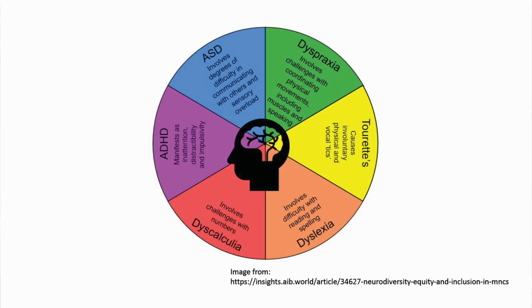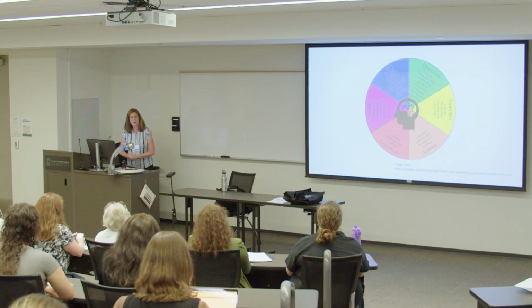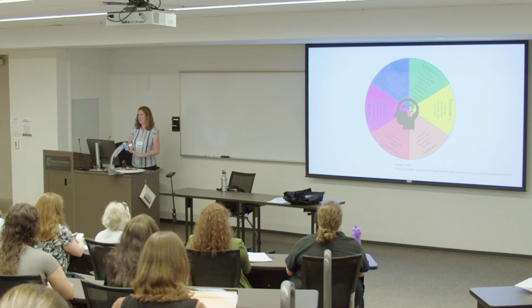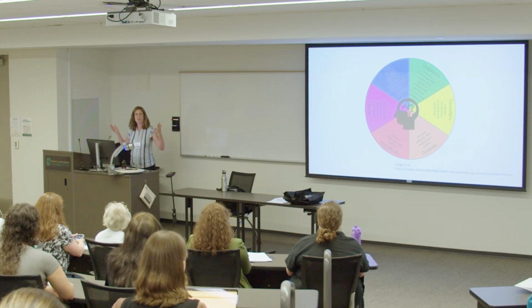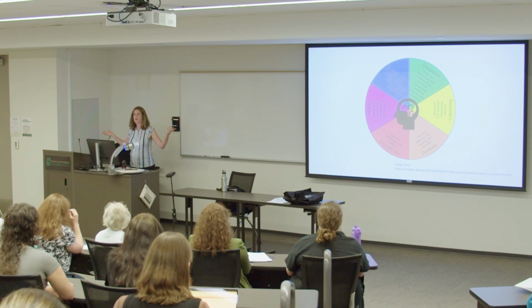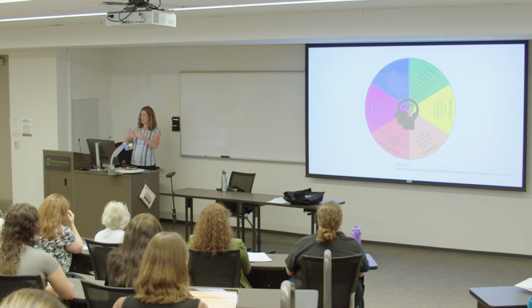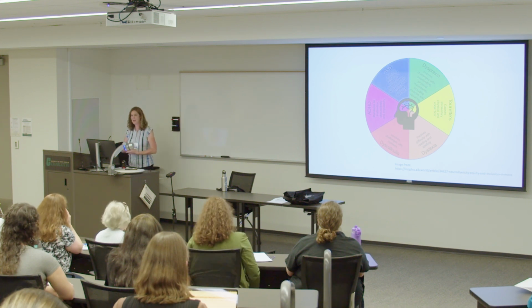Some people go more broadly with neurodiversity. They may include sensory processing disorder, which could fall within neurodiversity. OCD, depression, or anxiety could potentially be considered a neurodiversity. People still haven't really decided how broad or narrow that term is.